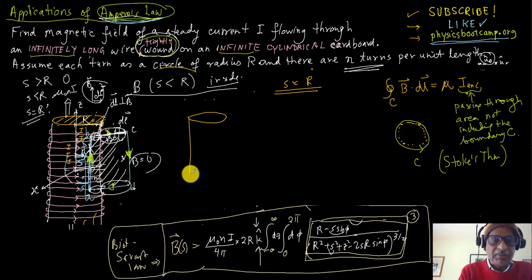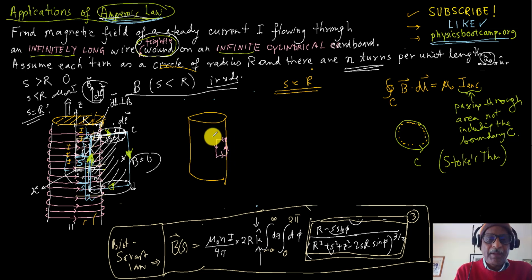Let's look at this cylinder again, and I'm at that C. Let's look at this loop, call it A, B, C, D, and this side is L. So this is B in times L, that's this formula, plus 0, plus we don't know what that is, B at the wire times L, and then D to A plus 0.